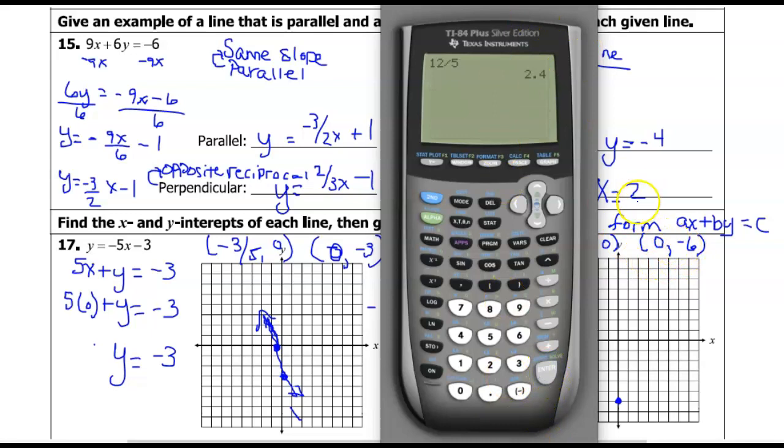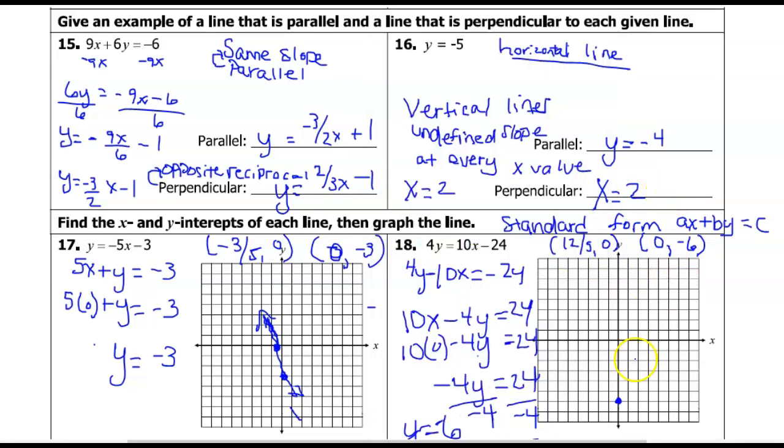It's about 2.5. So we're going to plot this here. And I got my two points. I can graph my line. There we go.